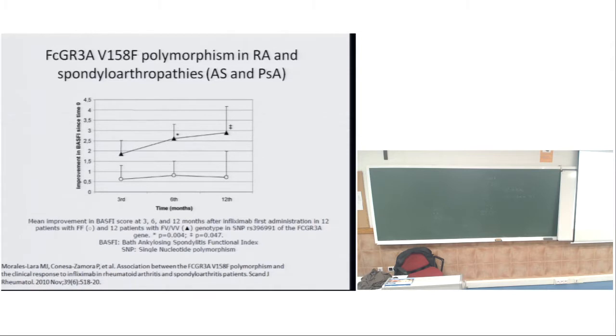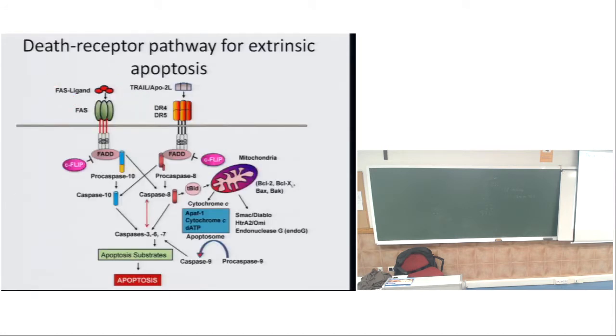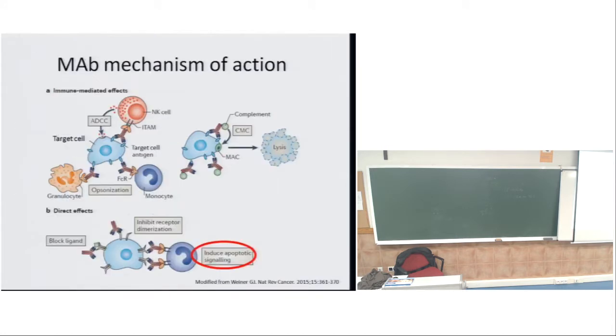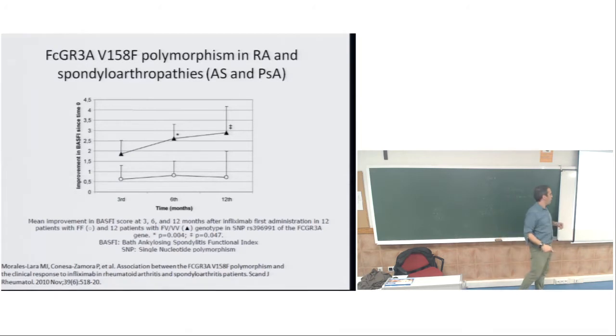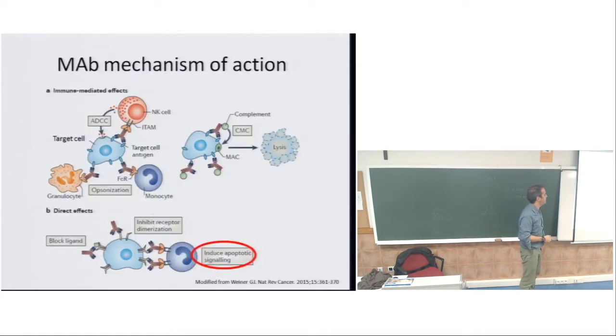We saw kind of the same in another disease, so there's a common mechanism of action in chronic inflammatory diseases. We saw that patients having this genotype respond better. They have a better disease activity index in ankylosing spondylitis.